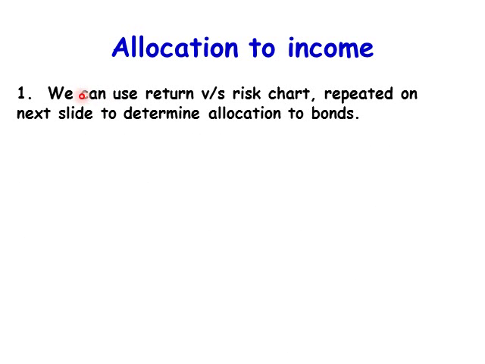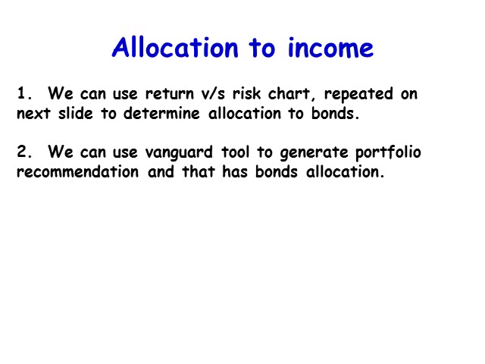Allocation to income section. We can use this return versus risk chart, which I'm repeating again on the next slide, okay, to determine allocation to bonds. Okay, we can also use the Vanguard tool or another similar tool to generate portfolio recommendations, and that has a bonds allocation, and this tool uses our risk tolerance to determine our allocations to stocks and bonds. Okay, let's continue from here.